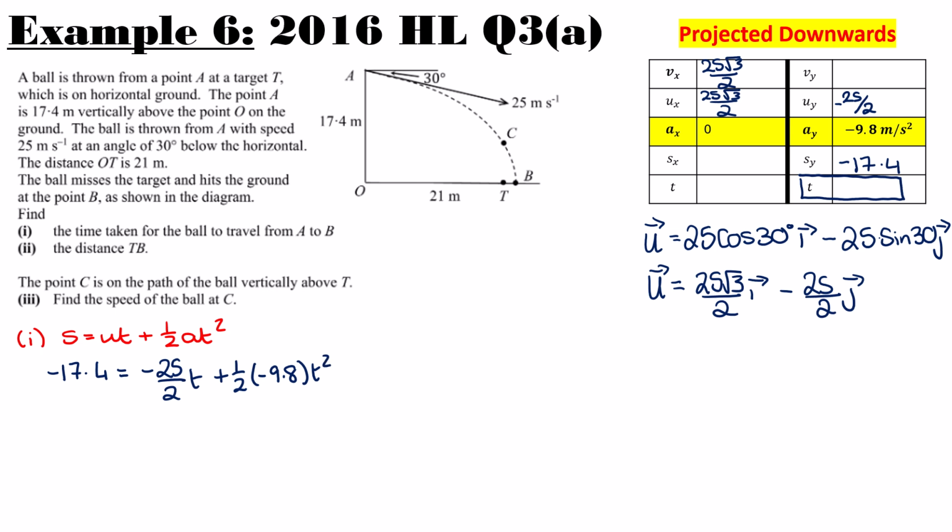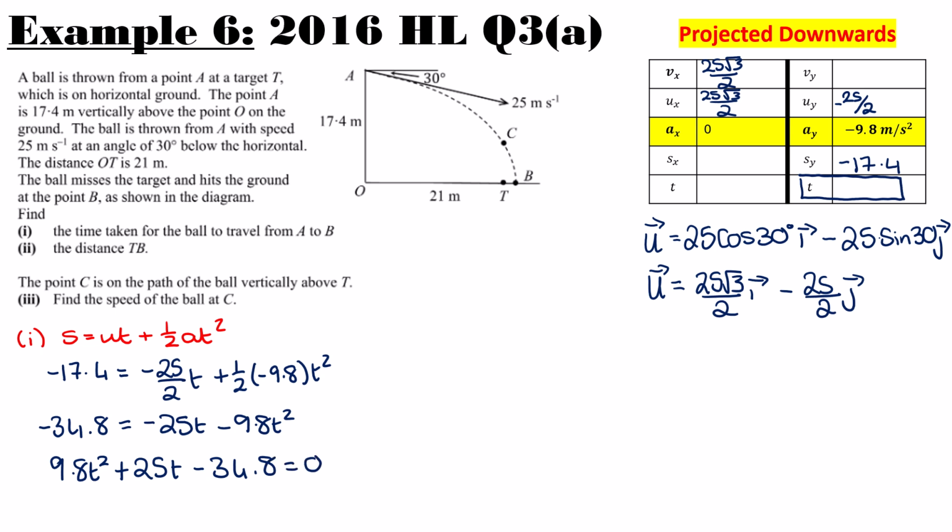You might want to just multiply across by 2 to make it easier. So that would be minus 34.8 equals minus 25t minus 9.8t squared, rearranging that, 9.8t squared plus 25t minus 34.8 equals 0.